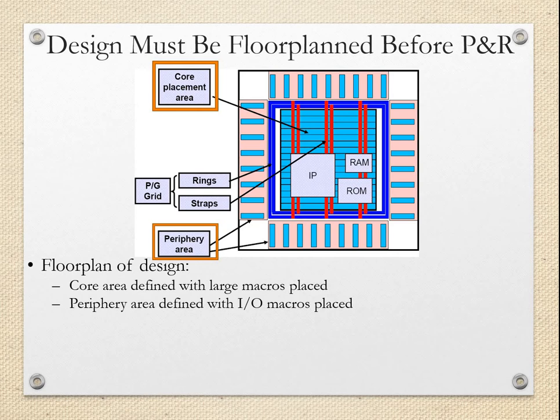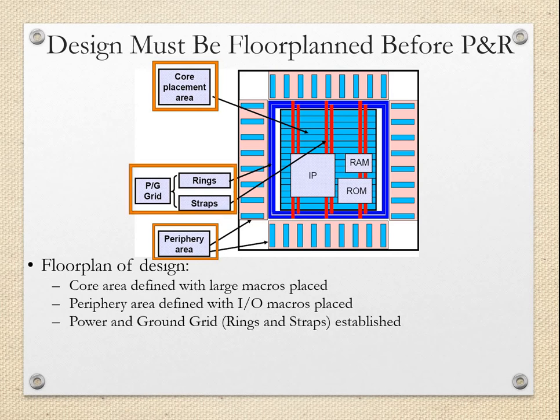The periphery area is defined with the IO macros placed, so IOs will be placed at the periphery. And the last is the power and ground grid. The rings and straps are established and the power and ground grid is prepared.